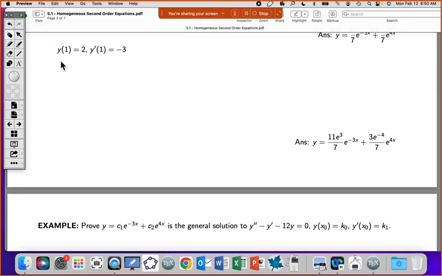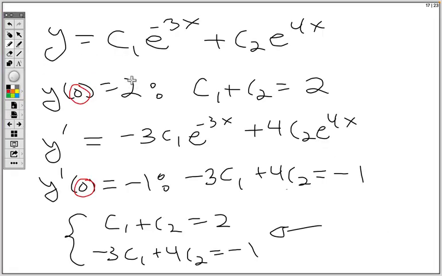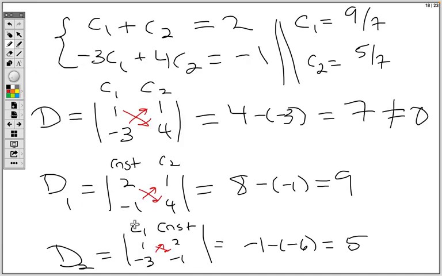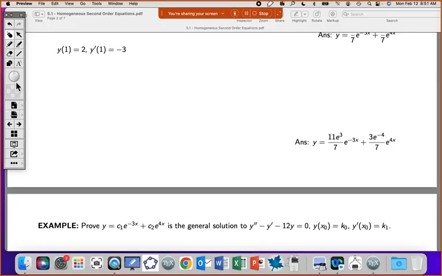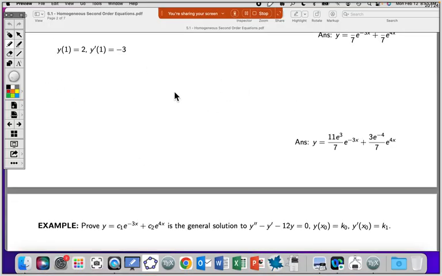For this one here, you'd be plugging in 1. So it'd be y at 1 is 2, and y prime at 1 is negative 3. And we would just get different coefficients for C1 and C2. You follow? But the process would be identical. Okay? So I'll let you go through that.